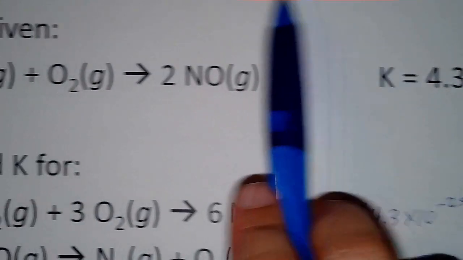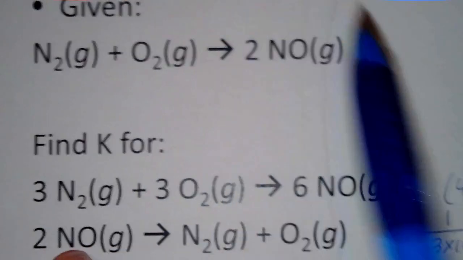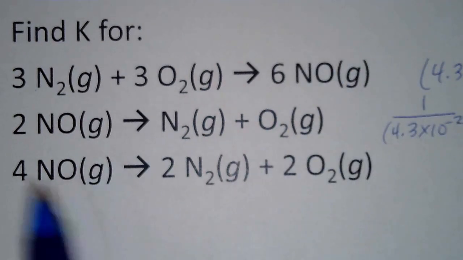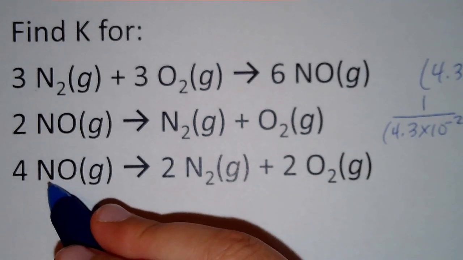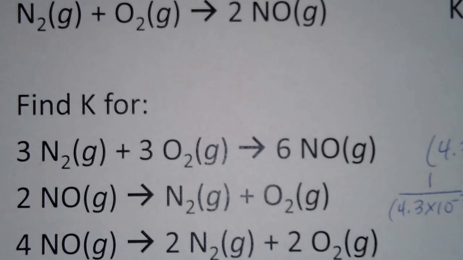Alright, last one we're going to look at, 4NO goes to 2N2 plus 2O2. Alright, so it looks like, based on what I had originally, I've definitely flipped it and multiplied by 2. So I've done two things. So we're going to flip it first.